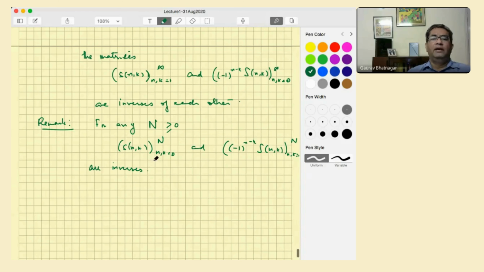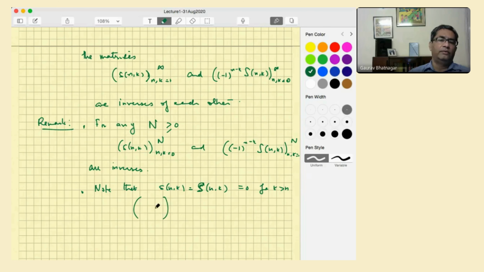So by saying that the infinite one is an inverse, I mean this is true for any n formally. And note that s_{n,k} and capital S_{n,k} are equal to 0 for k bigger than n. So n is rows, and for k bigger than n this is 0, right? So they are lower triangular matrices.